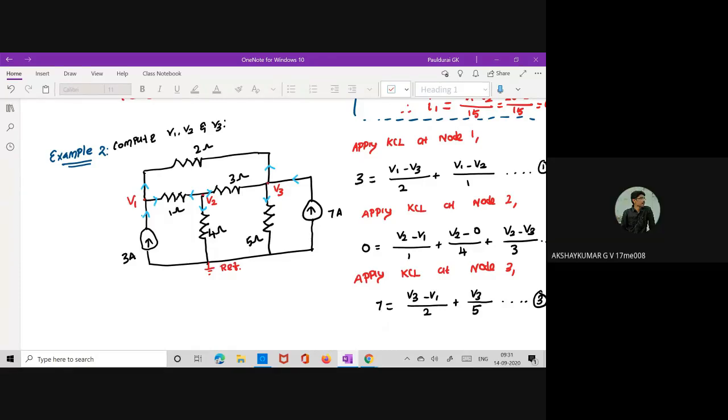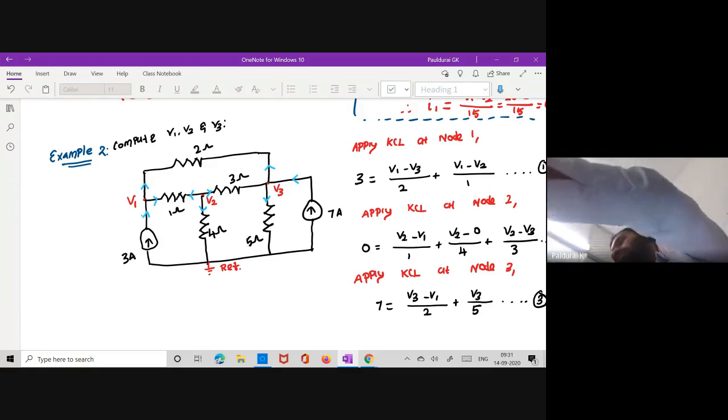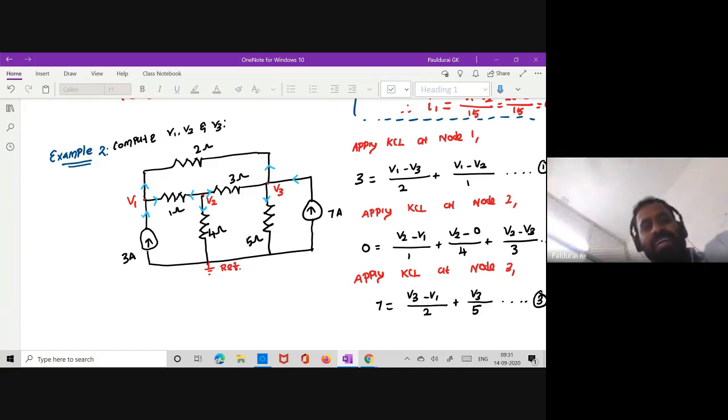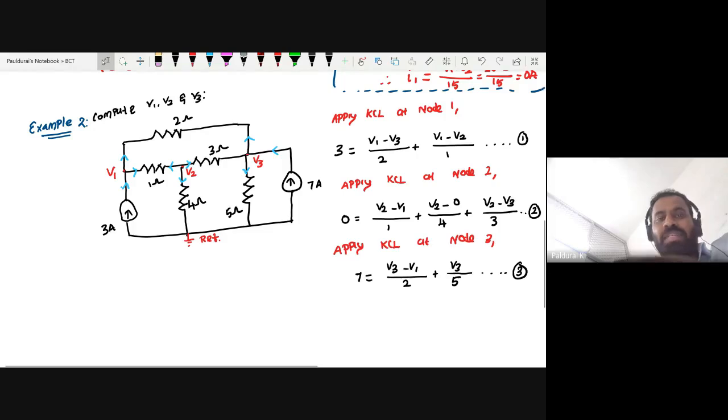Sir, there will be another term in node 3, right? Node 3, isn't it? Yeah, very good. V3, minus I2/3. I was waiting to check whether you all wrote it correctly. So how many branches at node 3? Totally 4 branches. So you want to write 4 current equations, but here I have only 3.